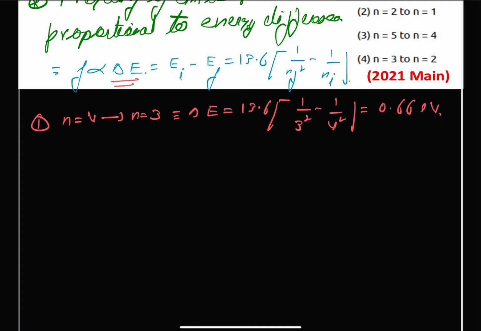We have option 2, which is n2 to n1. Therefore delta E is equal to 13.6 times 1 upon 1 square minus 1 upon 2 square, which is approximately 10.2 electron volt.